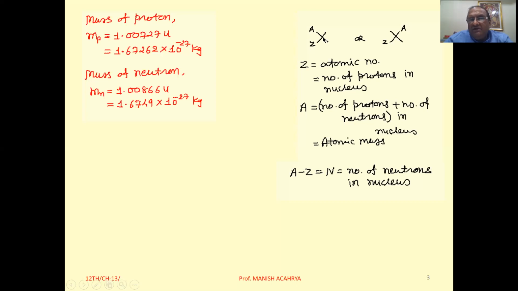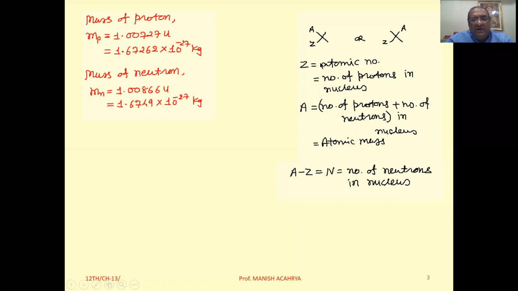For hydrogen we write H, for carbon C, for helium He, like that. Then Z and A we have to represent as written on the board here. Either you can represent the element's nucleus symbolically as ZXA in this manner or ZXA in this manner.